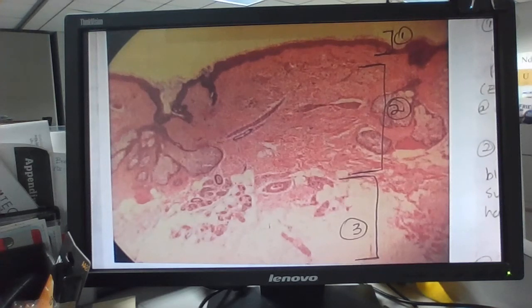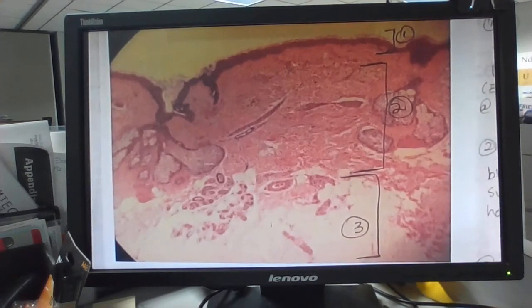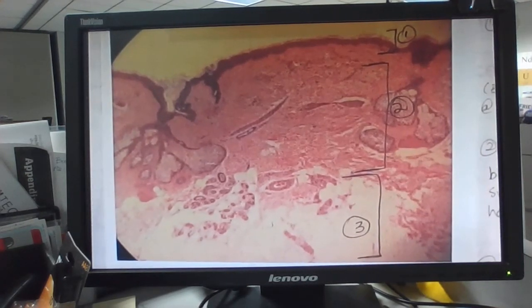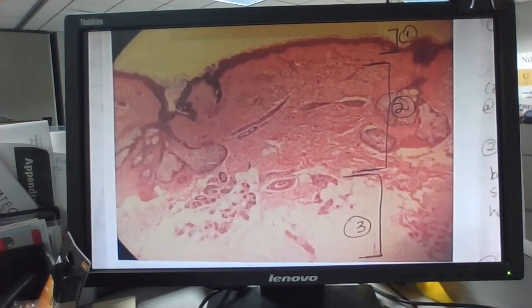Which type of connective tissue would it be? It's helping to insulate and protect.